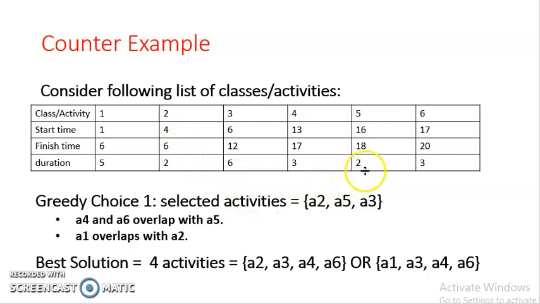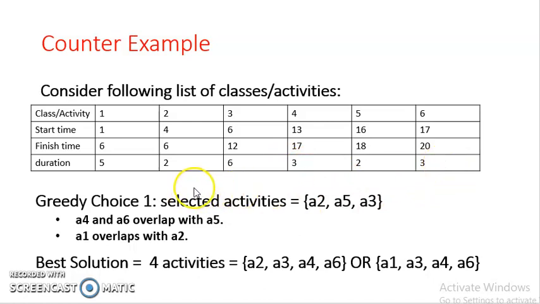Now, the second shortest class would be A5, and it satisfies the compatibility constraint as well. So you schedule A5, and after that, A4 and A6 do not satisfy the compatibility constraint because they overlap with A5, so you cannot schedule A4 or A6.